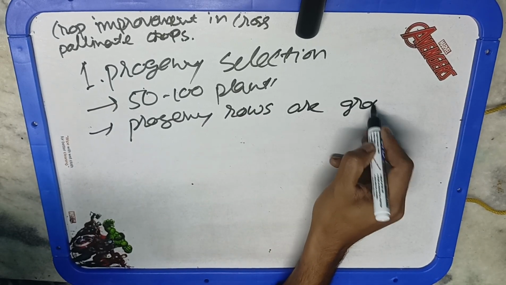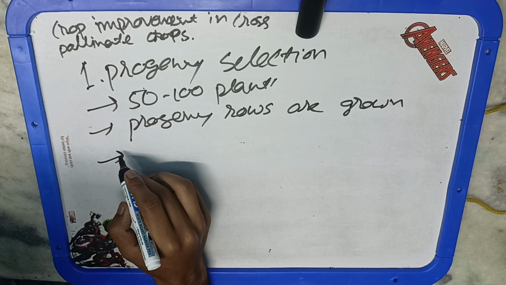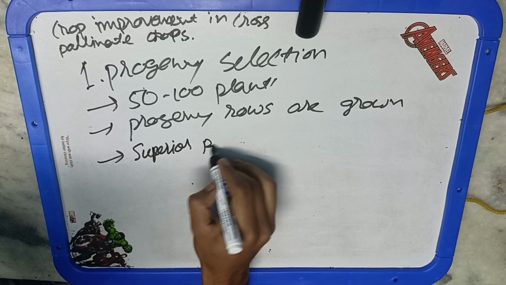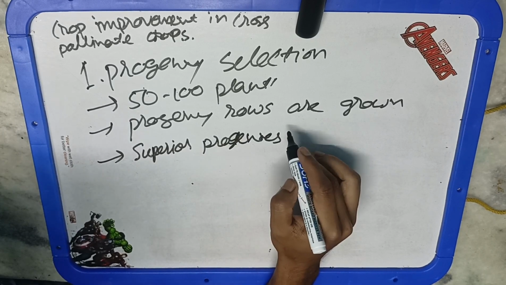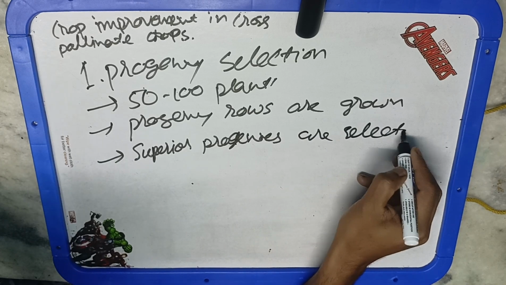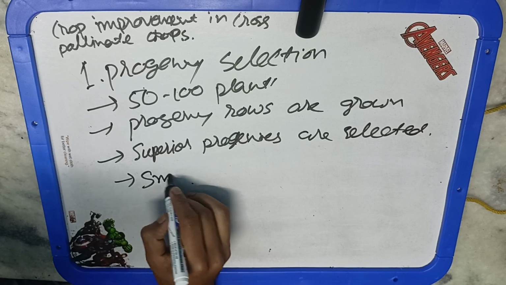Just take an example. If you have selected some plants, and you make a row of each plant, and if these two are performing good and this one is not performing, we will discard this. From these two better performing progenies, we will again select some plants, allow them to open pollinate, and the plants are harvested separately.